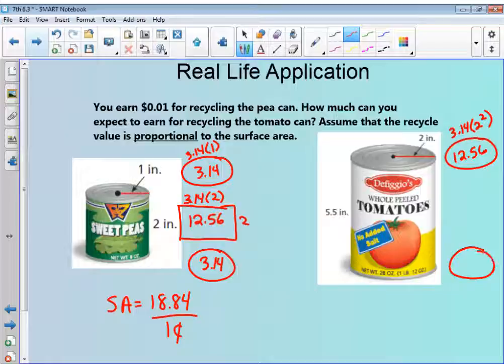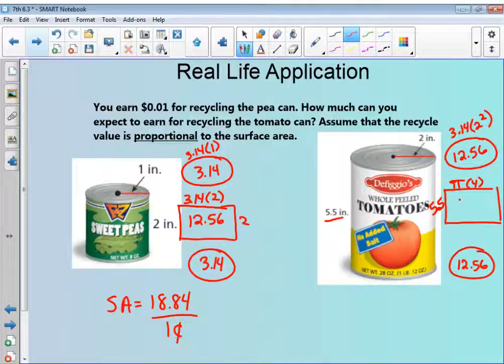Okay, I'm going to have the bottom the same way. And then I've got this middle rectangle, and the height of that rectangle is 5.5. And then this is pi times diameter. My diameter is 4. Okay, so 3.14 times 4 gives me 12.56. Now I have to take that times the height, so times 5.5.